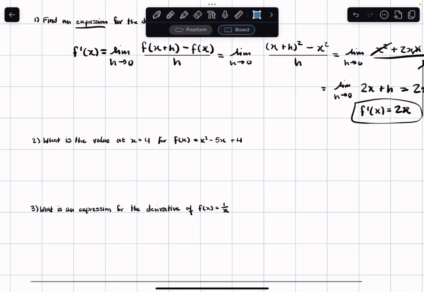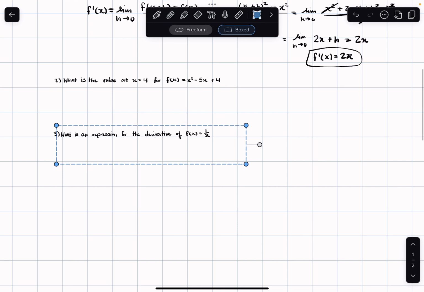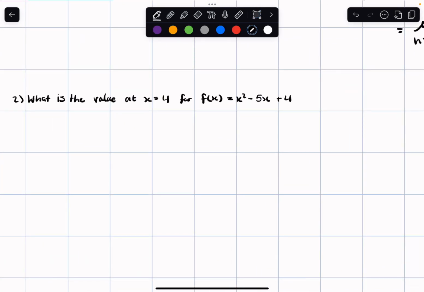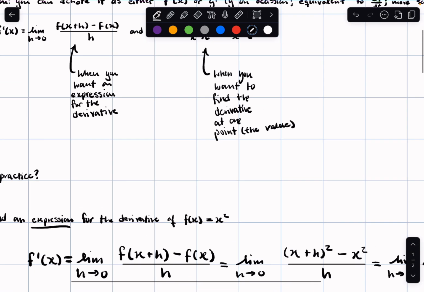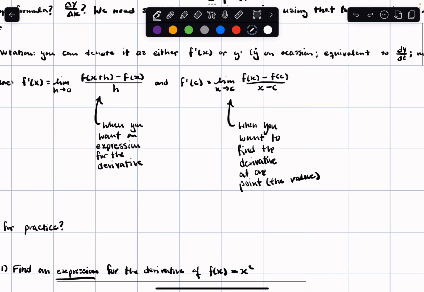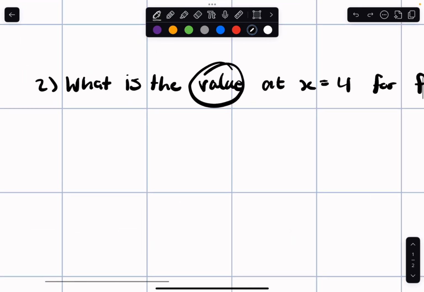Okay. What is the value of the derivative at x equals 4 if f of x equals x squared minus 5x plus 4? Well, we're asked for the value, so you don't have to use the left one that we wrote down for the first problem, but rather the right one. So we can copy that, but instead of c, we'll do f prime of 4, because that's what we're trying to find.